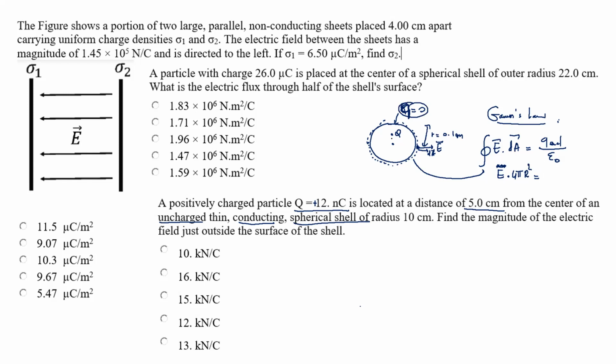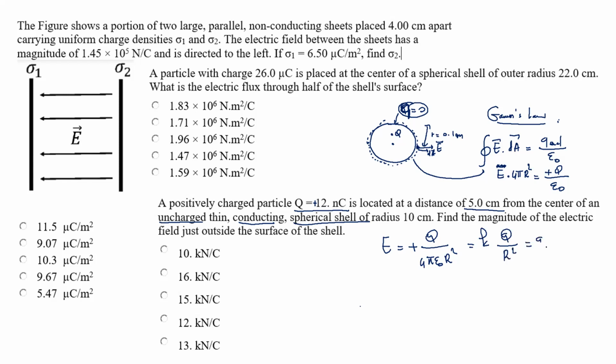The only charge enclosed is just capital Q. It's just plus Q divided by epsilon naught, meaning that my E is just plus Q divided by 4 pi epsilon naught r square. We already know this, by the way. This is just K Q divided by r square.